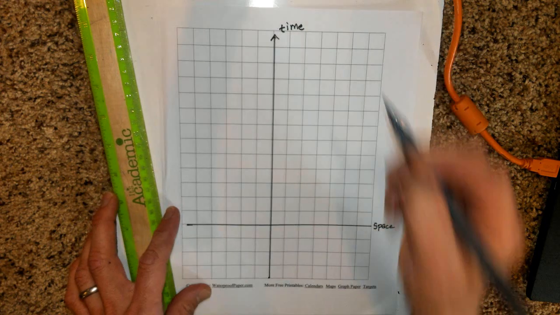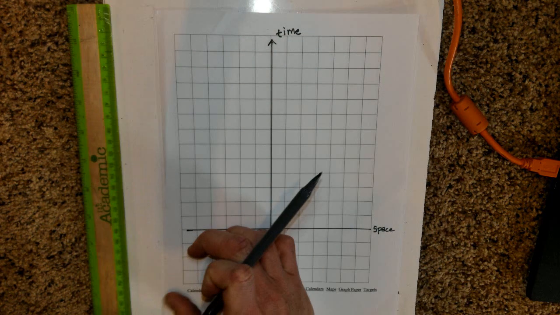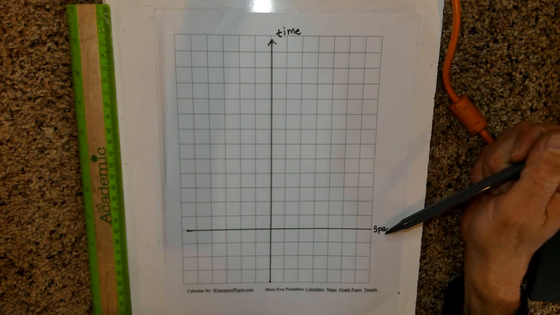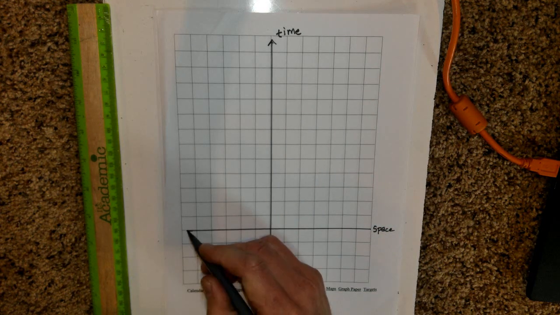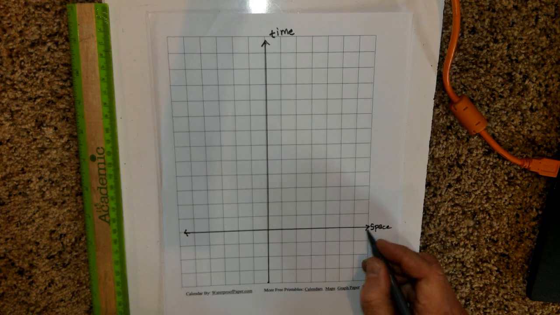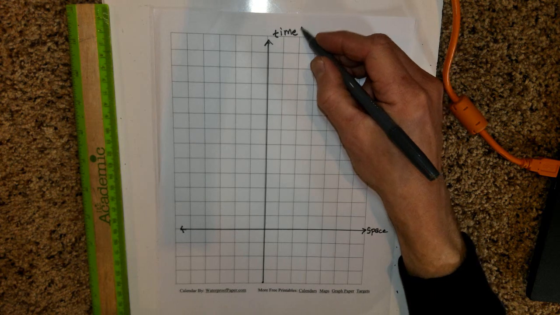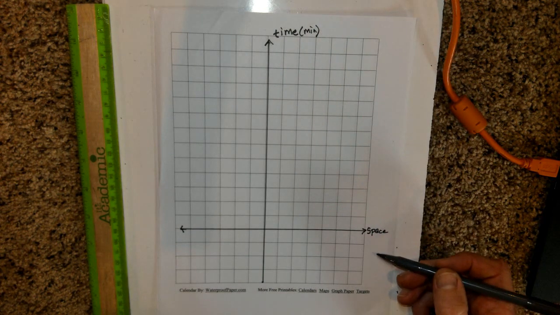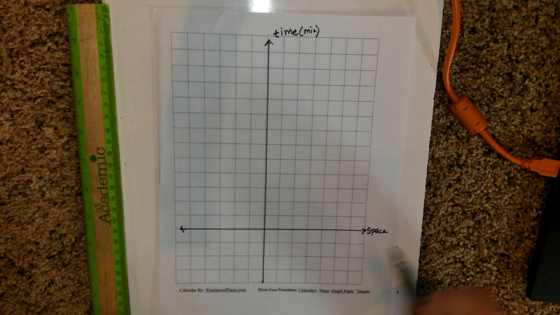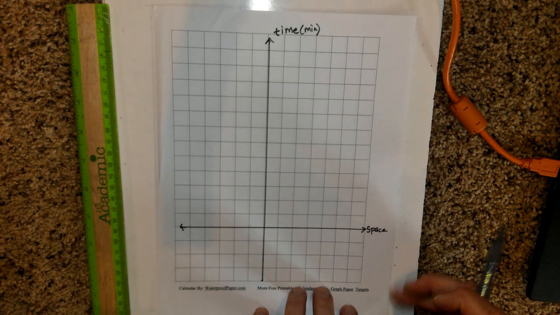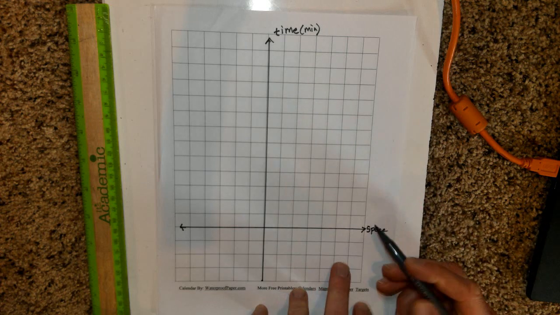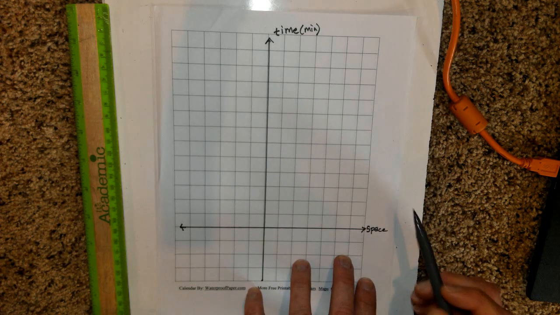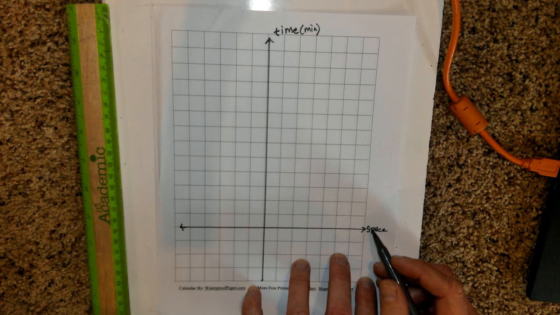Now, the key to a space-time diagram is that these two axes actually use the same units in a way. So if I'm going to use minutes for time, then I have to use a minute unit for space, which is a distance. So maybe some of the brighter ones of you are recognizing a time-sounding unit that represents distance, and that would be like a light second, a light minute, a light year.